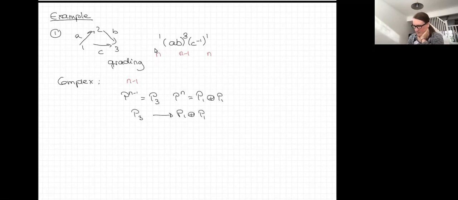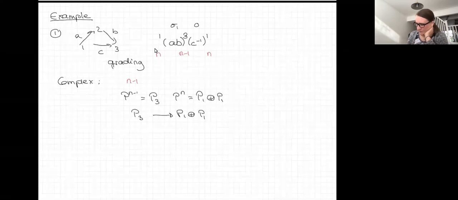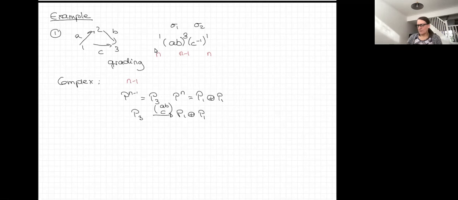It's given by the 2 homotopy letters, so we have a homotopy letter sigma 1 and sigma 2 here. So it's simply given by A and C. What is really remarkable for these indecomposable objects, these complexes in the derived category of a gentle algebra, is that they always unfold.